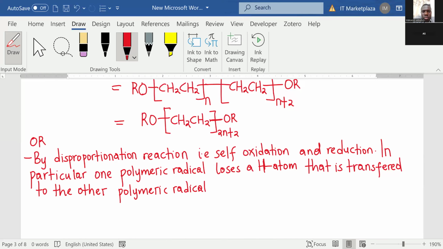So one polymeric radical loses a hydrogen atom that is transferred to the other polymeric radical. This is what I am referring to.